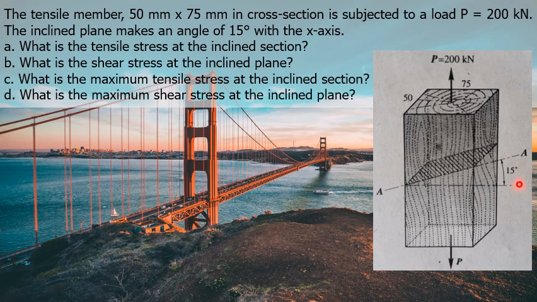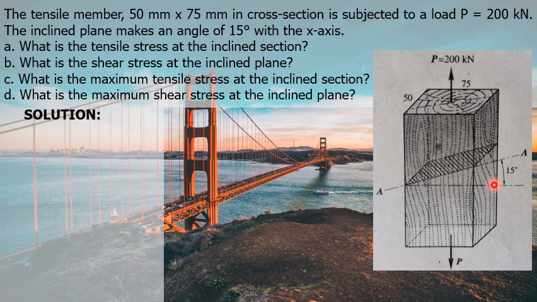Question: can we use the formulas we derived a while ago? That's right. We can use them because the angle of inclination is with the horizontal or with the x-axis. So let's proceed with the solution.